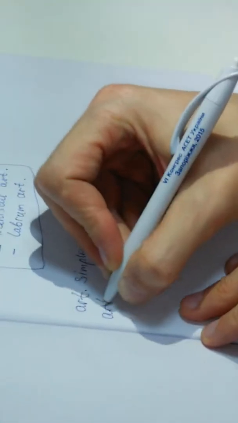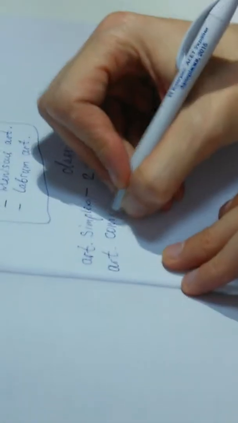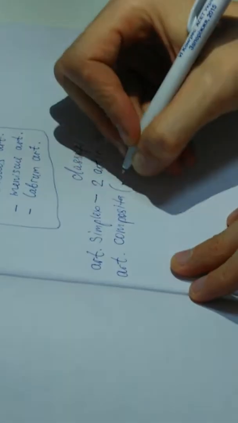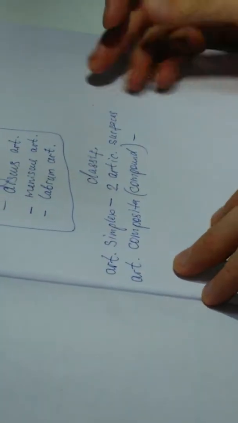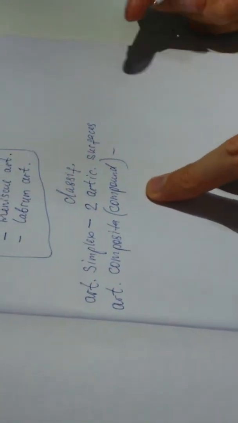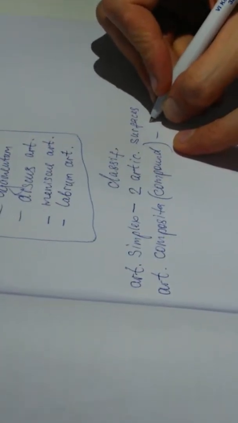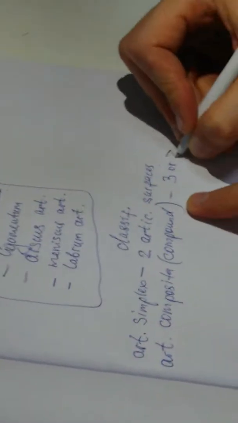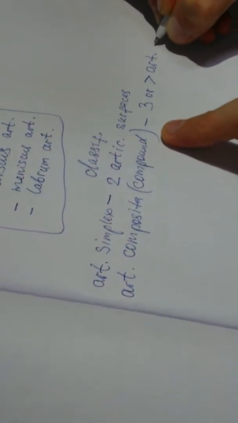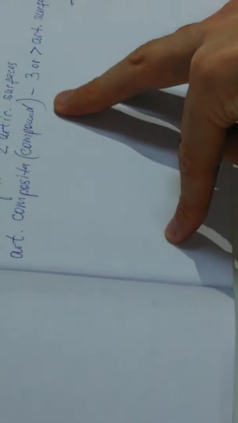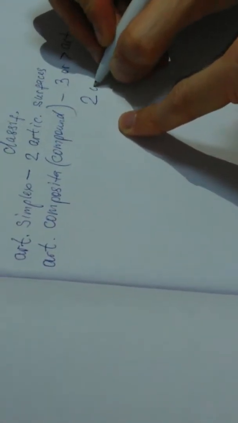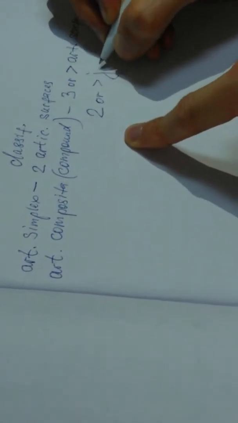What is articulatio composita? Compound joint. A compound joint, my dear, consists of 3 or more articular surfaces, or it can comprise 2 or more joints.